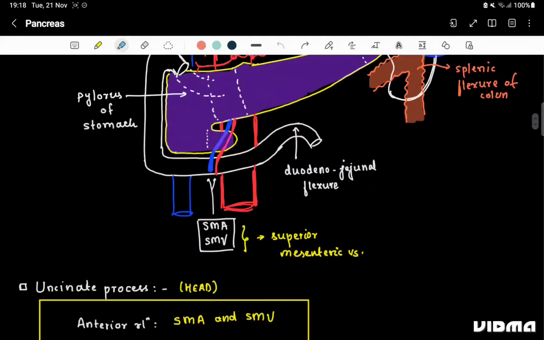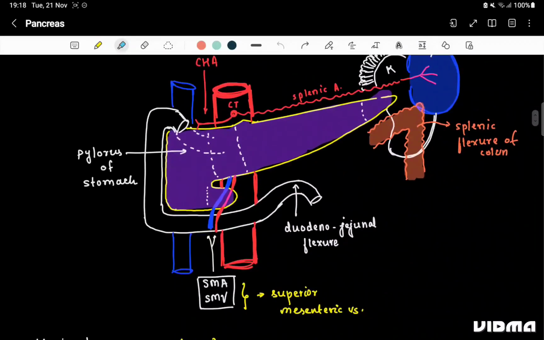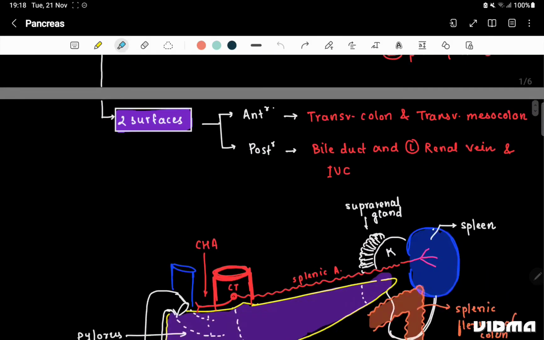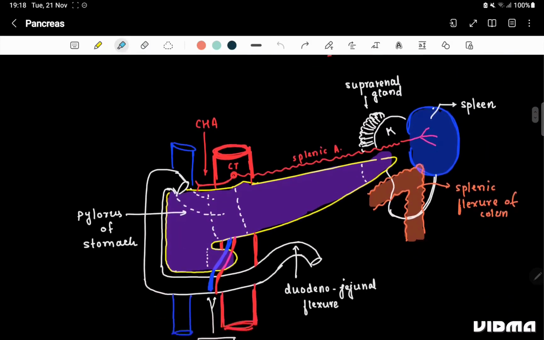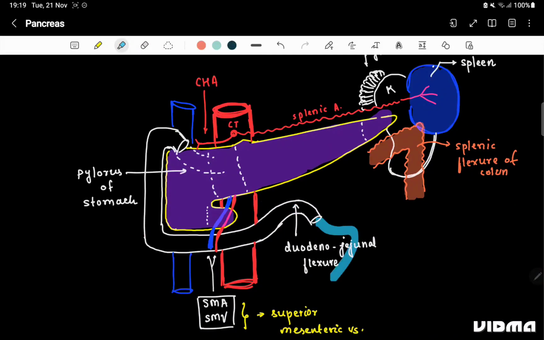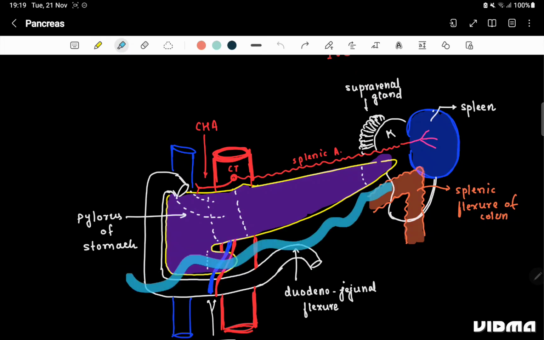So the relations of your head, you can just observe from this. So this part is the head. As I told in the relations, the anterior surface is related to the transverse colon and the transverse mesocolon. This anterior relation is not seen here. The transverse colon and the transverse mesocolon may be present like this, because the splenic flexure of colon must be lying like this.